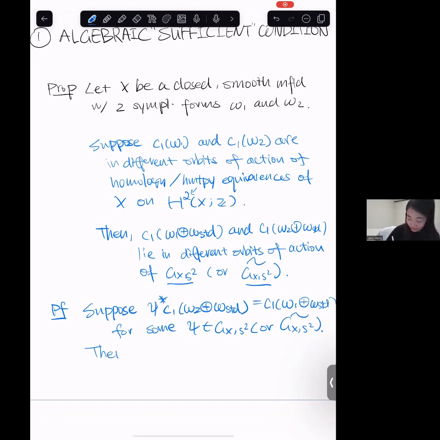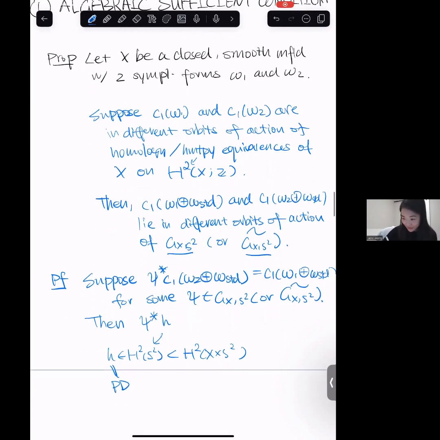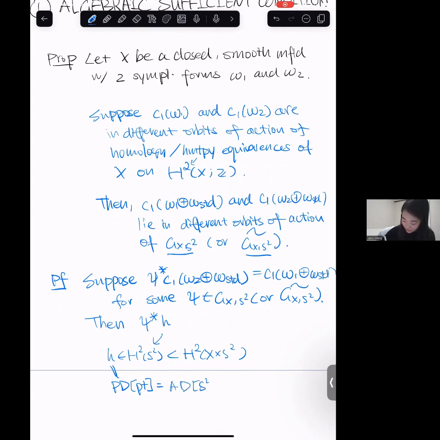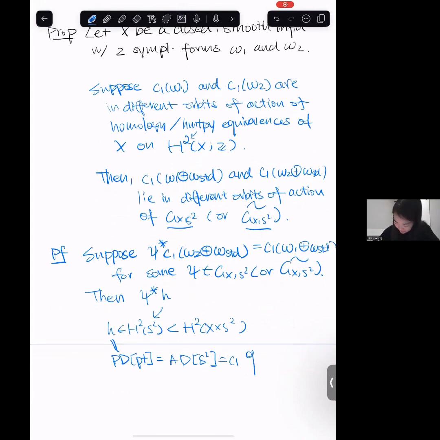Then if you look at the pullback of H, so this H is the unique generator of H2 of S2. And depending on what you like, you can think of it as the Poincaré dual of a point, or the algebraic dual of S2, or the first Chern class of the hyperplane line bundle of P1.